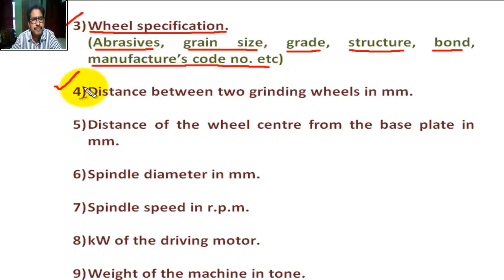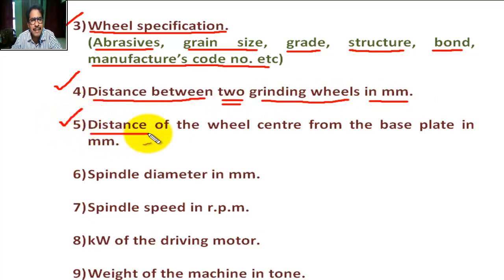Number 4, distance between two grinding wheels in millimeter. Okay. Number 5, distance of the wheel center from the base plate in millimeter.